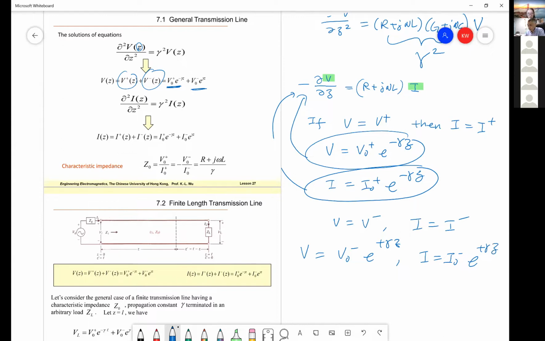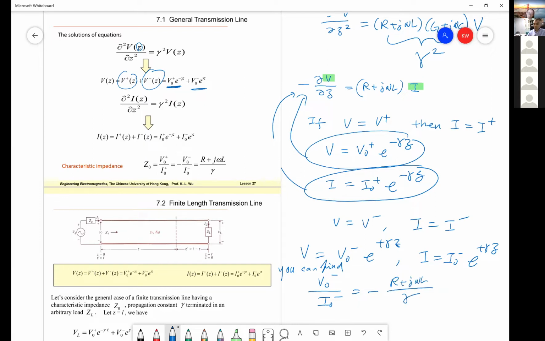You can find what the characteristic impedance is, equal to minus R plus j omega L over gamma.